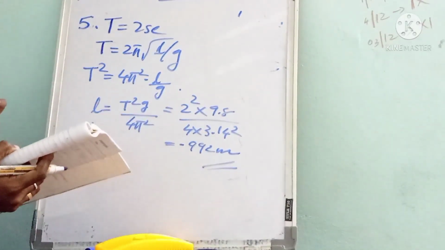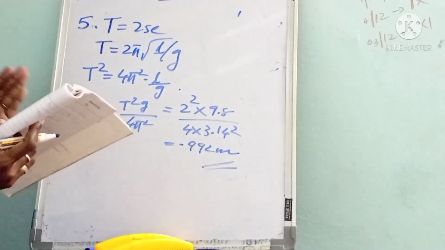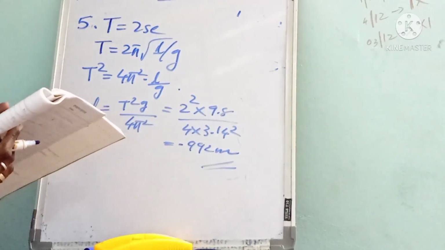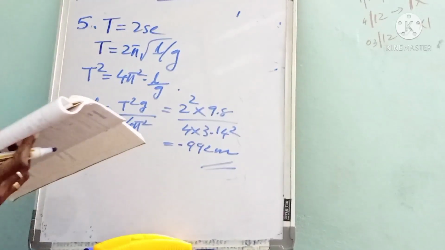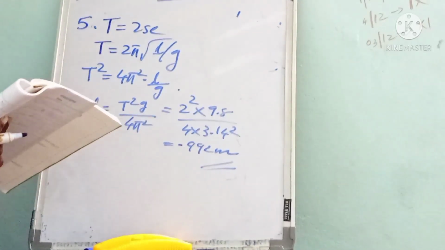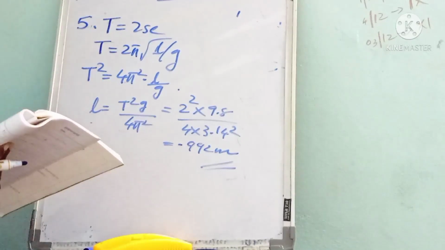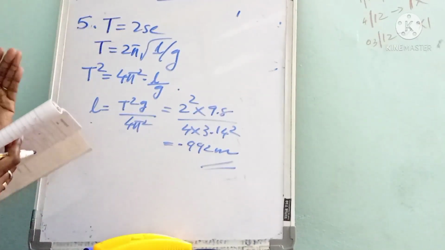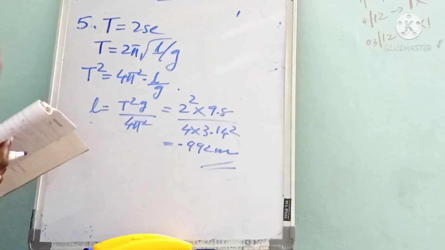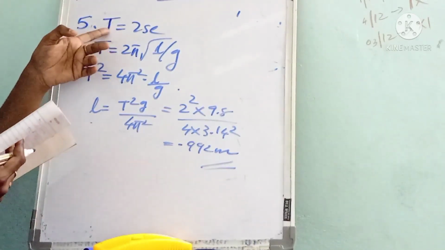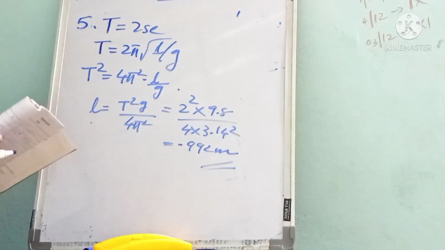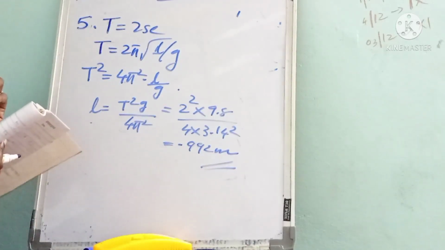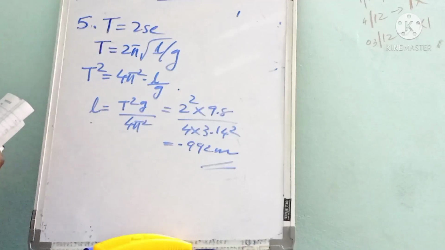Here we have to find the length of the simple pendulum which ticks seconds. A simple pendulum that ticks a second is called a seconds pendulum, and for a seconds pendulum the period of oscillation is 2 seconds, that is T equal to 2 seconds. First we write the period of oscillation of a simple pendulum, T equal to 2 pi root of L by g.